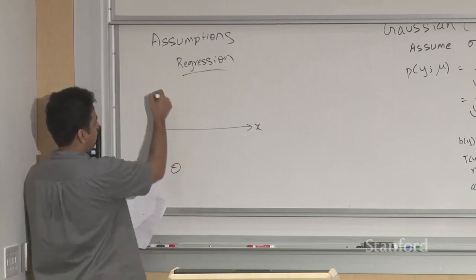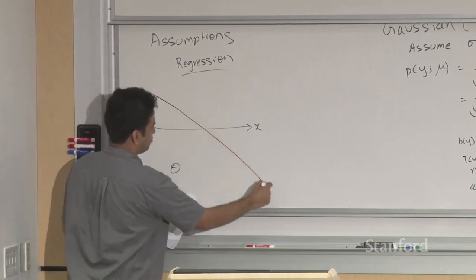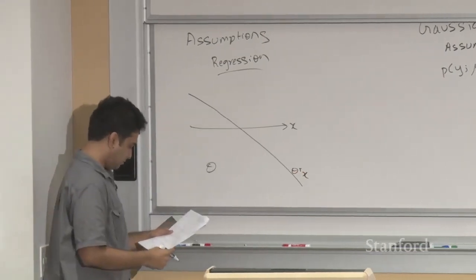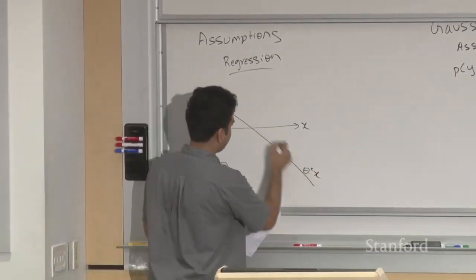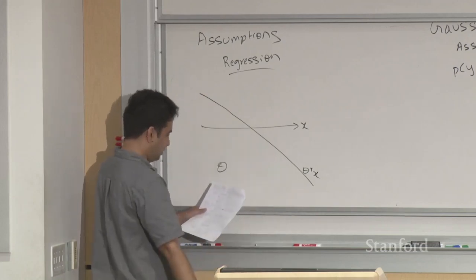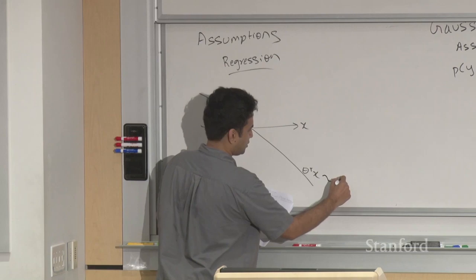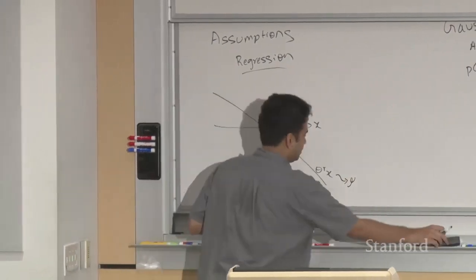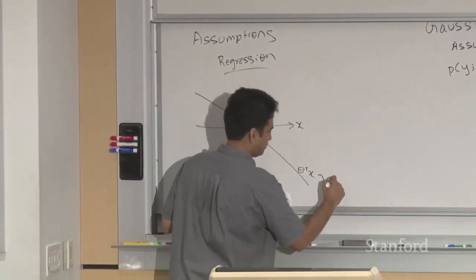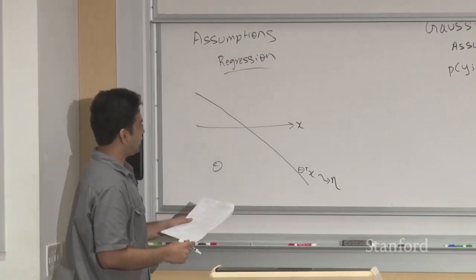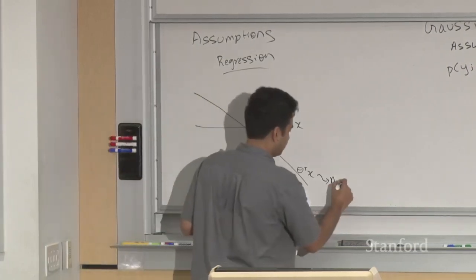And theta transpose x would be some linear hyperplane, and this we assume is eta. In the case of regression, eta was also mu.